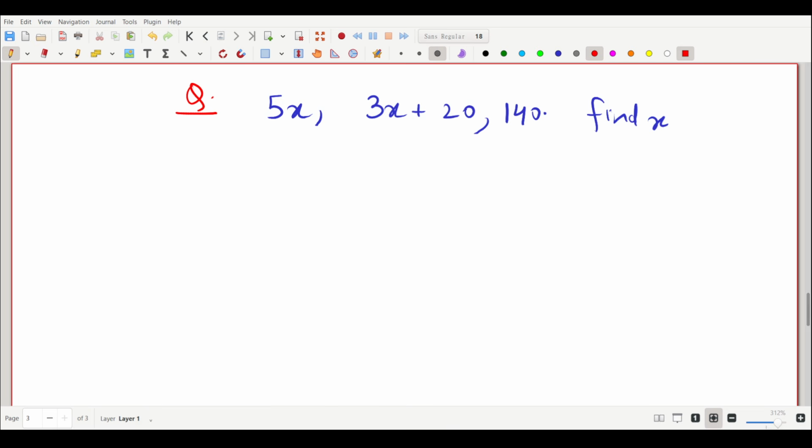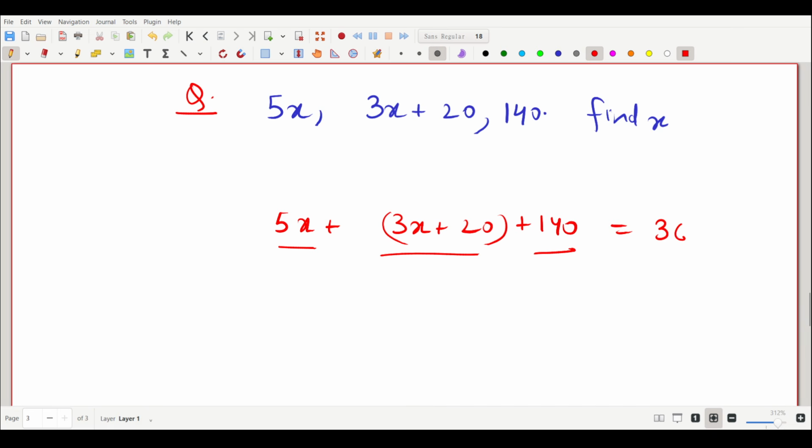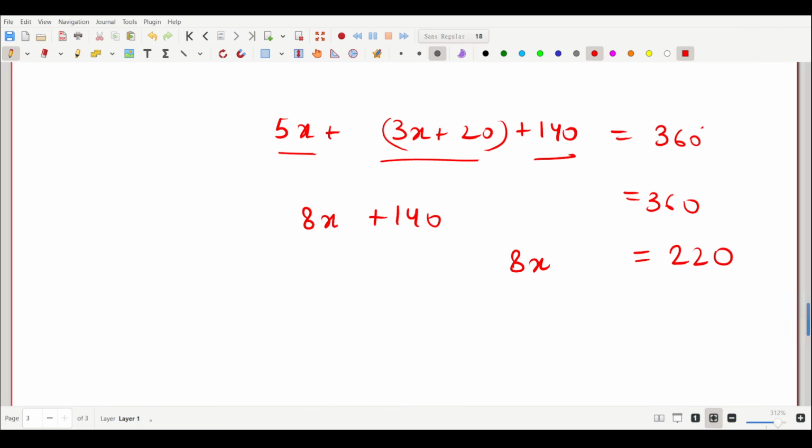That means if you add all these angles, 5x plus 3x plus 20 plus 140, the sum of all these three angles will always give you 360. And you can find the value of x. So 8x plus 140 equals 360. And now 8x equals 360 minus 140, which gives you 220.